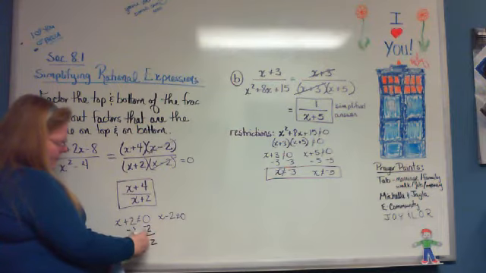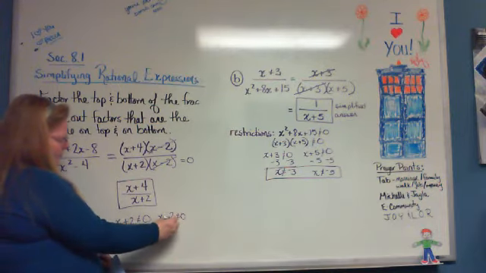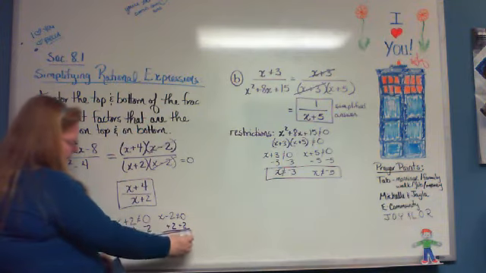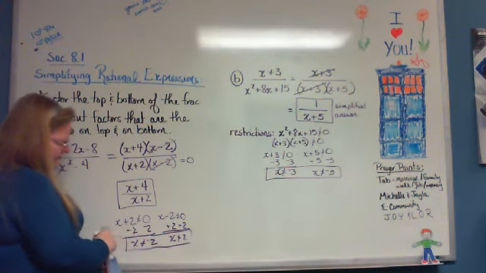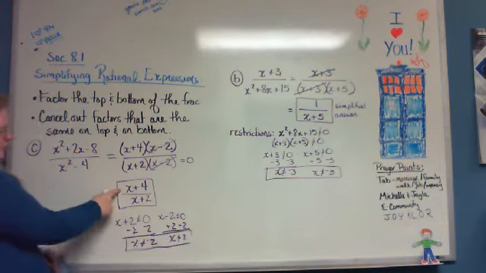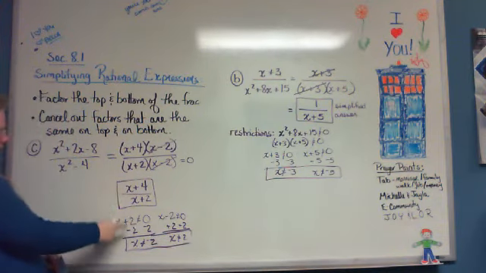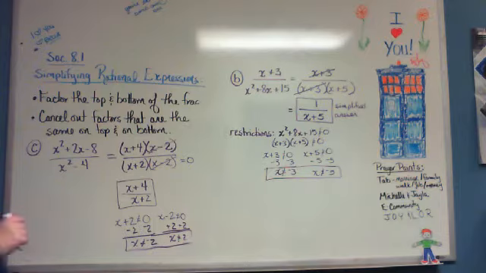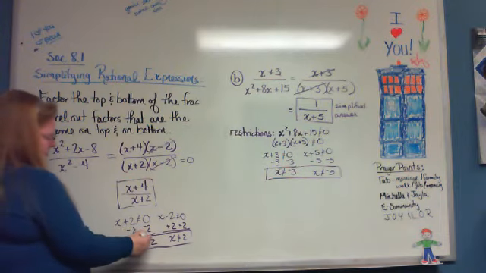So x is not equal to negative 2, and x cannot be equal to positive 2. This is what is true. That's what can't be. That's why you put the little not sign in there, so they know that it's not those things.